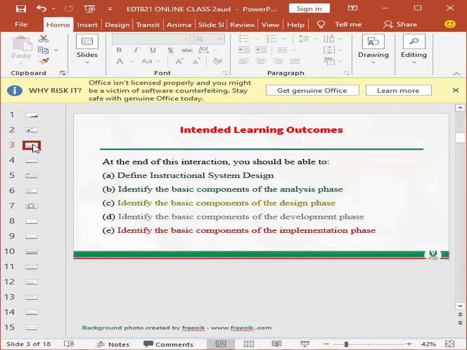At the end of this interaction, you should be able to define instructional system design, identify the basic components of the analysis phase, the design phase, the development phase, and also the implementation stage.